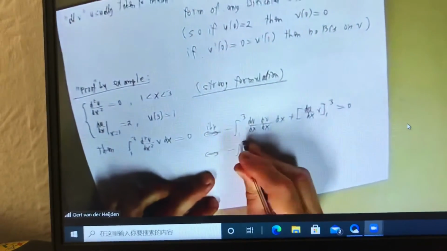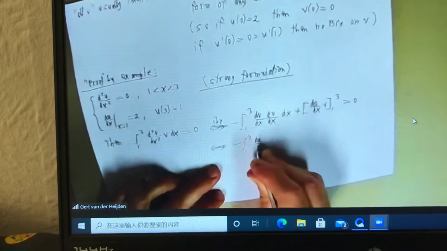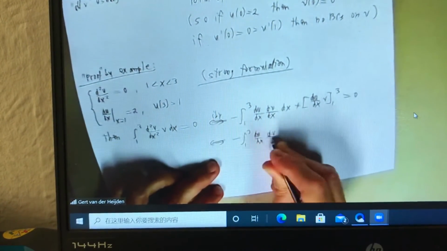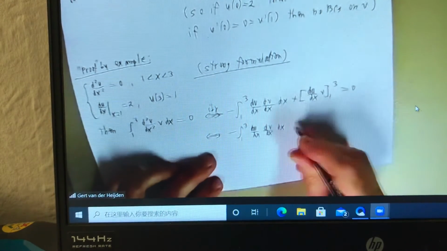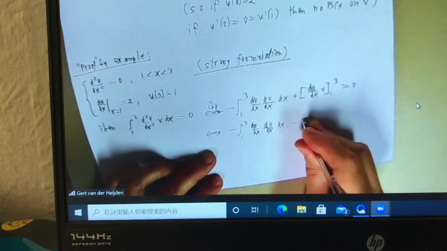So the integral from 1 to 3 stays. And the boundary condition is applied here. Let's write it down first, and then I'll say what I've done.